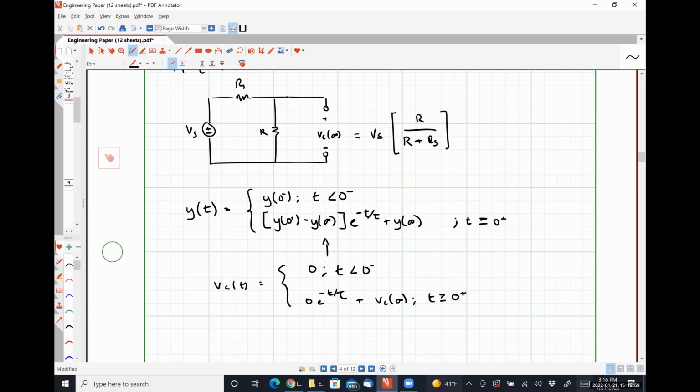But this is obviously a mistake because the capacitor voltage can't change abruptly. We're saying that at t equal to 0 minus it's 0, and at t equal to 0 plus it's whatever value it had at infinity. That's why we absolutely have to remember to include this subtraction term.